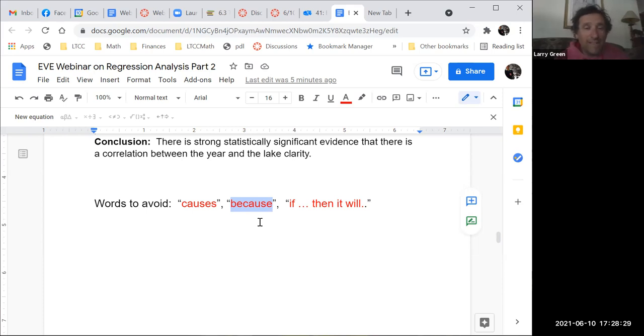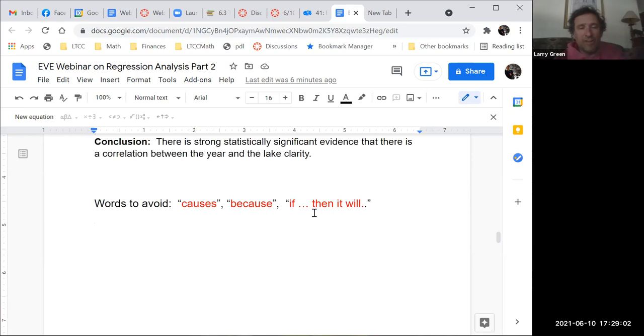So the word because is a bad word to use for regression, because that inherently describes cause. Another one which describes cause is an if-then statement, in particular, if then it will, that's a cause or a knowing that it will happen. And you can't say that either. You can only say if then it is predicted that.